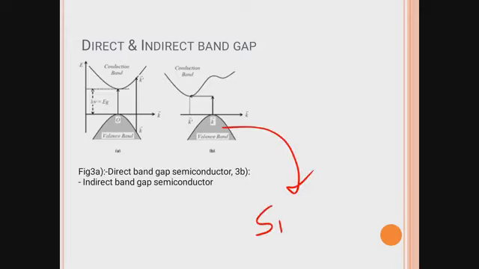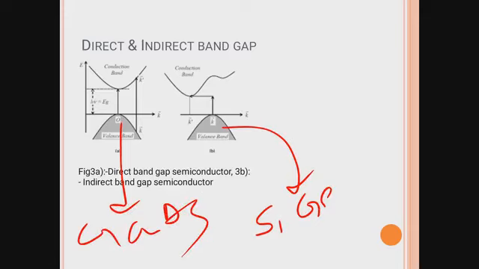Indirect: silicon, germanium; and direct: gallium arsenide. These are the semiconductor materials which lie in direct and indirect band gap categories.